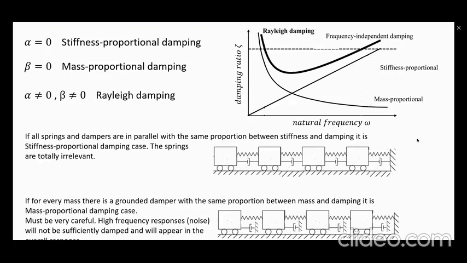Actually, real life is the other way around. Very high frequencies have a large damping, which means they disappear very quickly. So large frequencies should have in real life a large damping coefficient, whereas this is showing you the other way around.